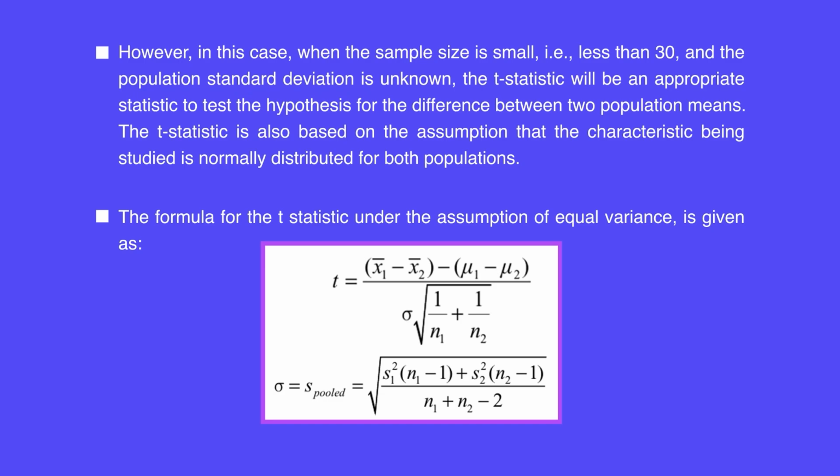Here the sigma standard deviation can be replaced by the pooled standard deviation represented by S pooled, and it is given as the square root of S1 square times (n1 minus 1) plus S2 square times (n2 minus 1) divided by n1 plus n2 minus 2. Here the subscript 1 denotes group 1 and subscript 2 denotes group 2.